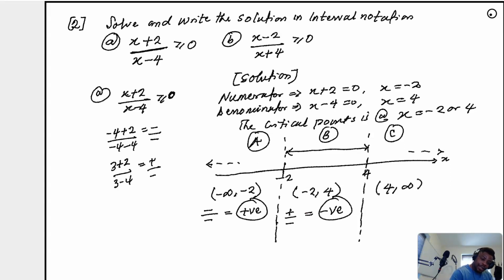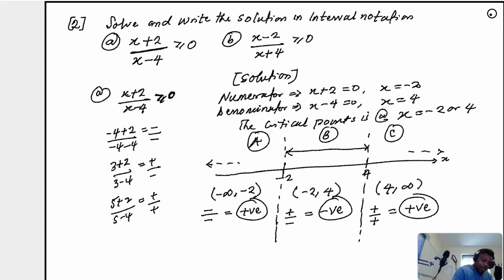Now let's go to C. Let's pick a number between 4 and infinity. Let's pick 5. 5 plus 2 and 5 minus 4. 5 plus 2 is positive. 5 minus 4 is positive. So positive divided by positive, so this is positive. Now, let's come to this question.